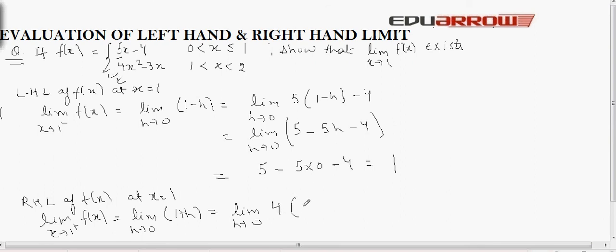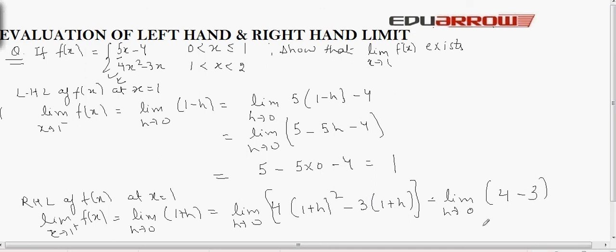So we get 4 into (1 plus h) whole square minus 3 into (1 plus h). We can directly apply the limit over here. So we get 1 plus 0 is 1, and 1 whole square is 1, that is 4, minus 1 plus 0 is 1, and 1 into 3 is 3. So we get 4 minus 3, which is equal to 1.